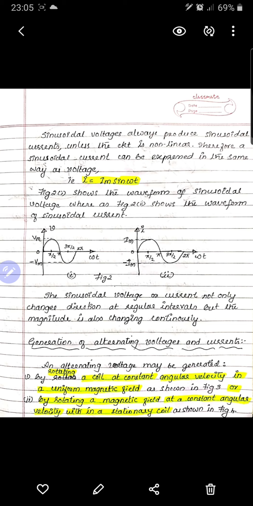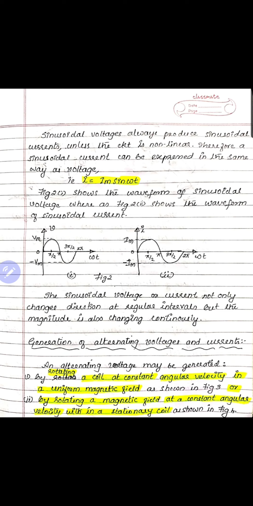The sinusoidal voltage or current not only changes direction at regular intervals, but the magnitude is also changing continuously. It starts from 0 and again reaches 0 at π, then goes through the negative half back to 0 at 2π. So 0 to π is 180 degrees, the positive half cycle, then the next 180 degrees is the negative half cycle. In total it comes to 360 degrees.